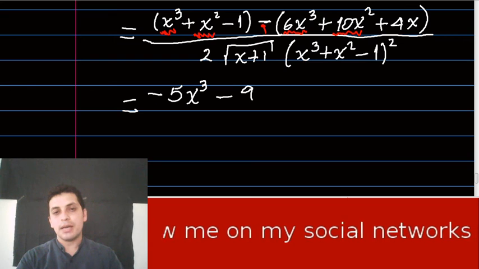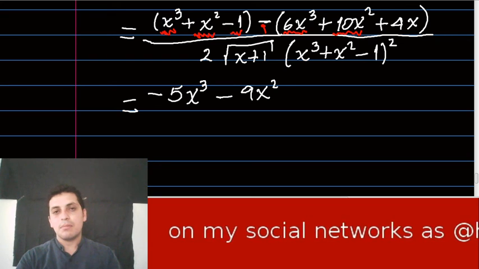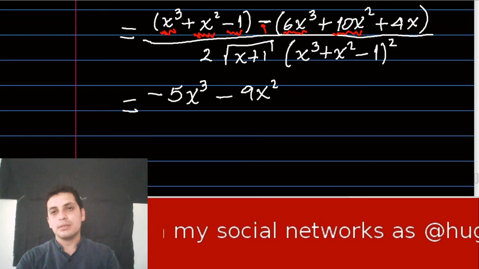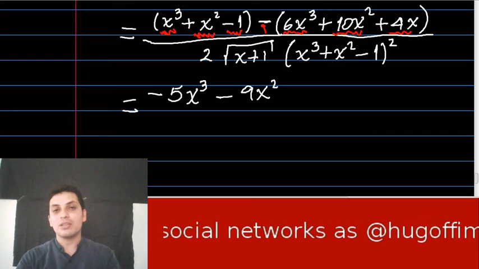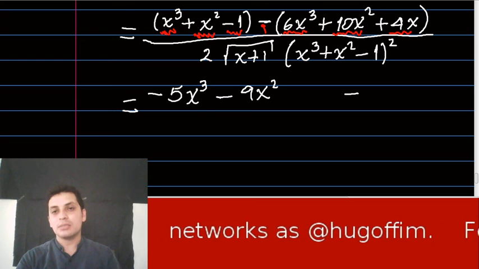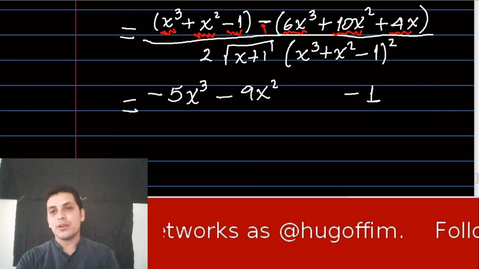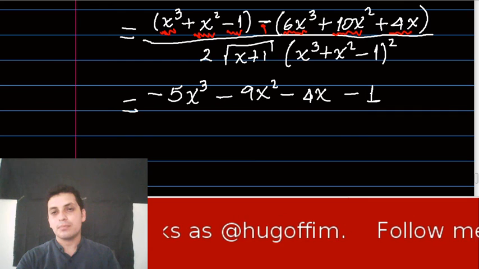So we have minus 9x squared. Minus 1 cannot be subtracted by any other, there are no like terms, so minus 1. Minus 4x cannot be subtracted by any term here, so minus 4x.